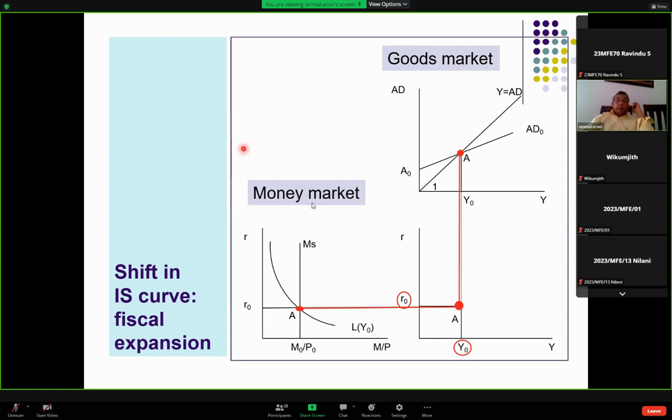Equilibrium simultaneously in both parts. Which means our IS and LM lines should go through point A here. So that is the intersection point.